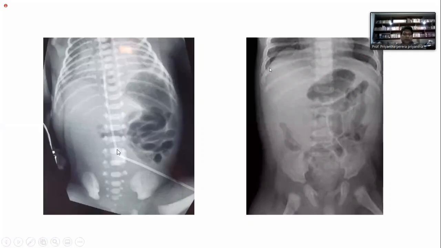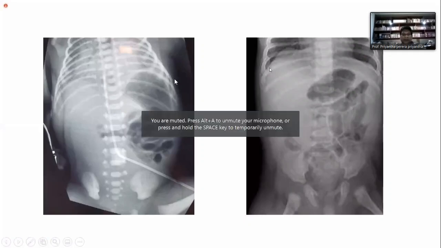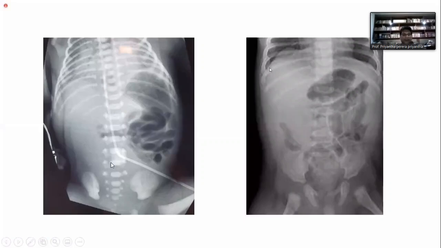But the most obvious thing is that bowel loops are confined to one half of the abdominal cavity. This side is totally empty. Bowel loops are all on this side.